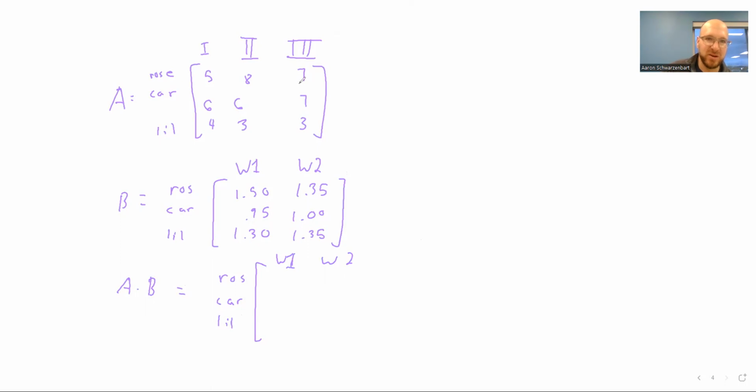So we do row 1 times column 1. I guess I should move W2 over. This is a pain to get it right all the time.